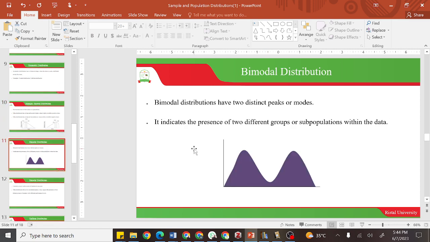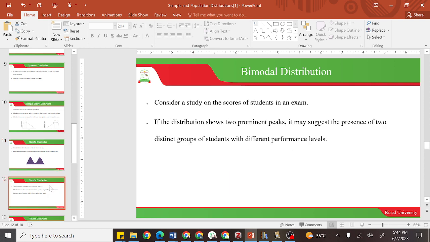We can have another pattern where you have two peaks, or you can say you have two modes. This indicates that you have two different groups, or you can have subgroups within a bigger population, or a larger population actually.